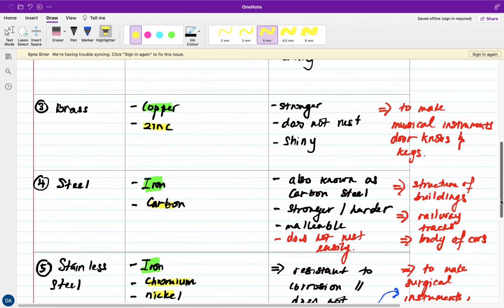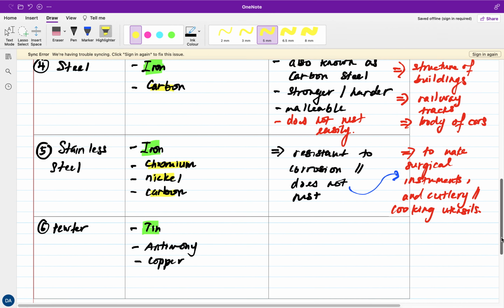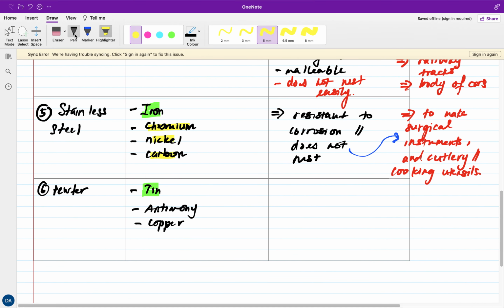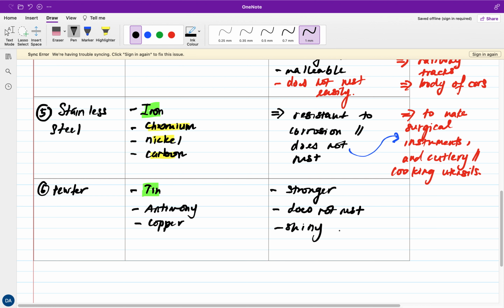Now we go back to pewter. The properties of pewter will be: it is stronger, does not rust, and shiny. So you can see the properties are actually related to its uses itself.